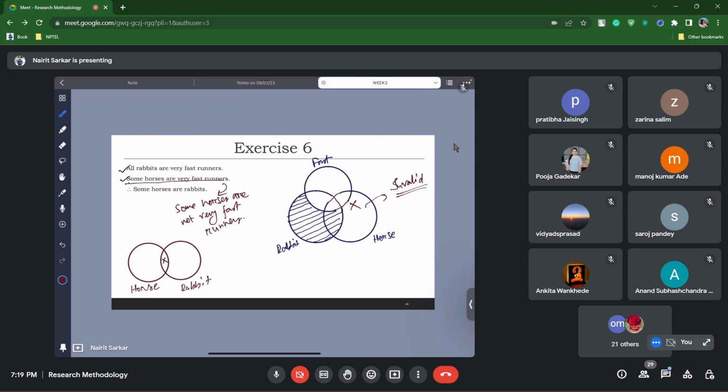So here also all rabbits are very fast runners. There is no rabbit who is not fast, so there is no agent. Then some horses are very fast runners. So this section, horse.